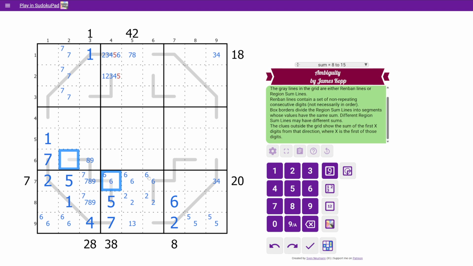At the minimum. So these that I have selected right now could also be 4, 6, or 8. Or 9.